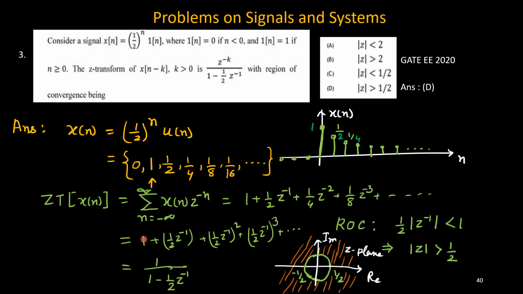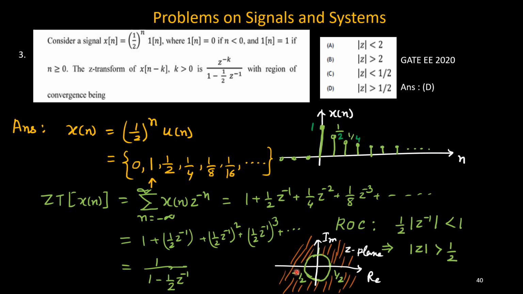That series will converge if the ratio, the r or a, has absolute value less than 1. If I consider this ratio, half z to the power minus 1, its absolute value is half mod of z to the power minus 1. If it is less than 1, then the series will converge. So this condition means mod z is more than half.